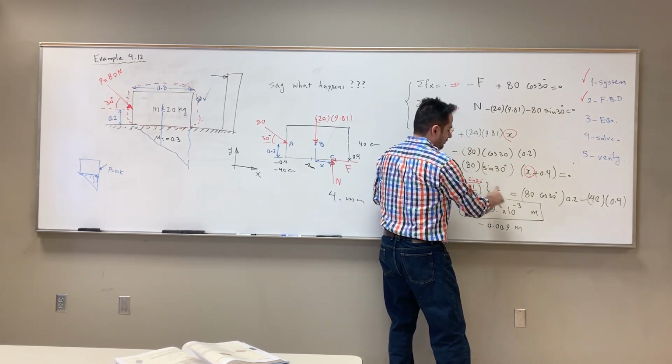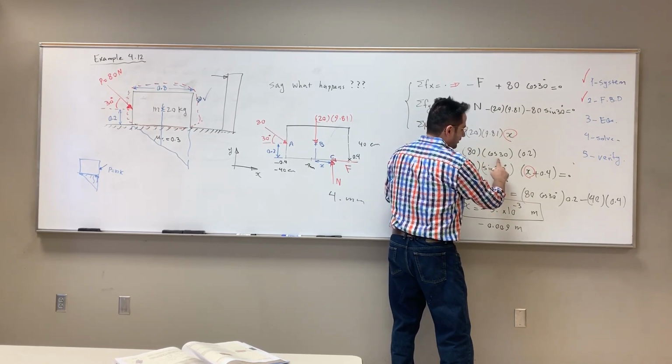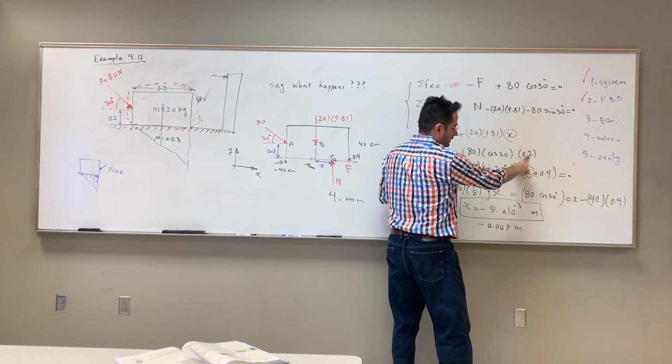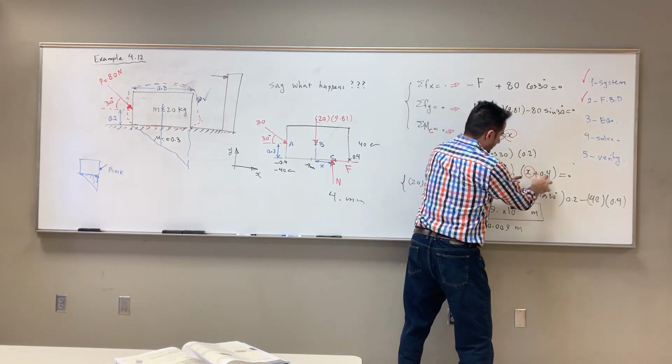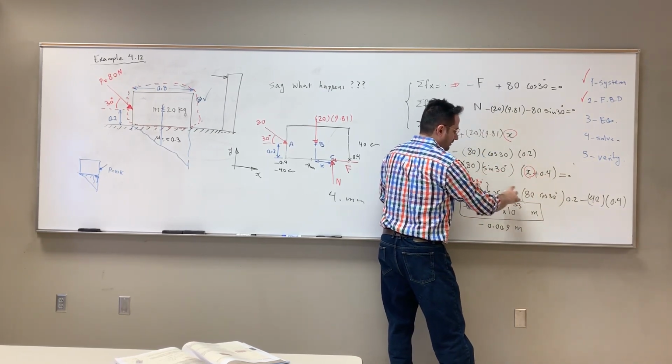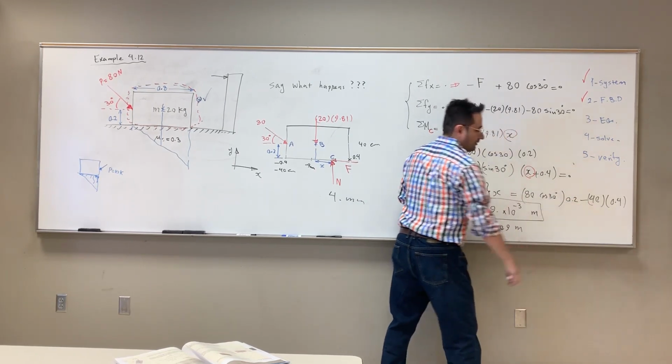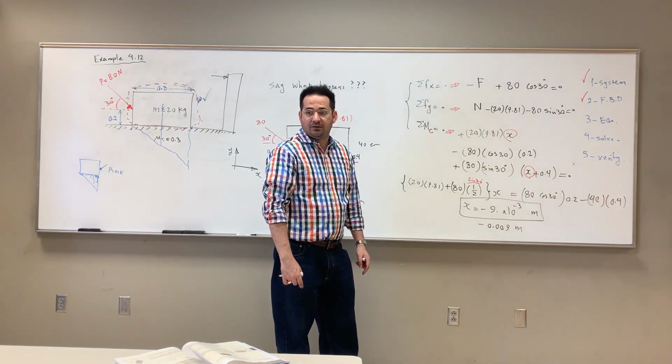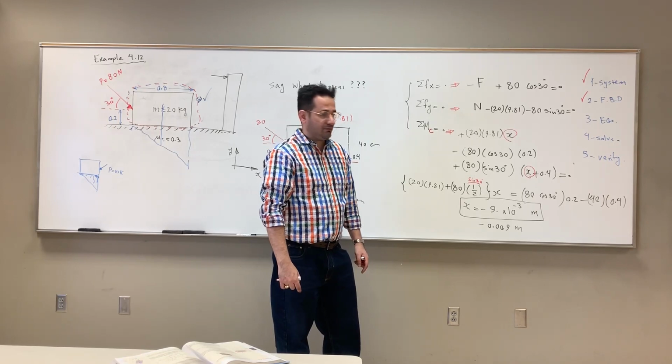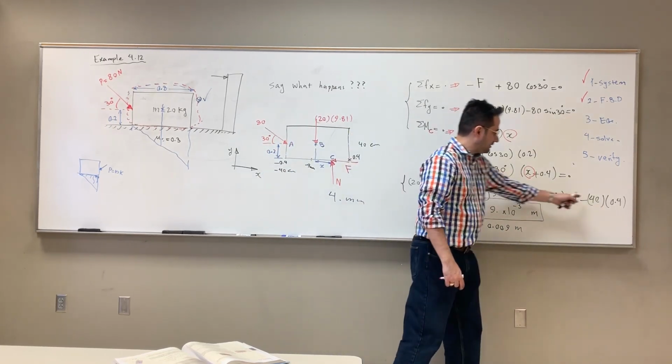And then you take this to the right hand side, 80 times cosine 30 times 0.2, and then the other one, 0.4 times 80 sine 30, you bring to the right hand side with a negative sign. Because here it is positive, you take it to negative.